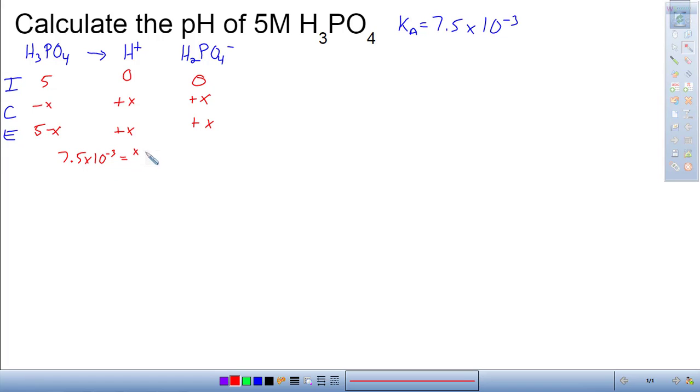We have our x squared on the top, x times x. Again, we can drop this negative x, and we can solve. And so that's a relatively large number for these types of problems.